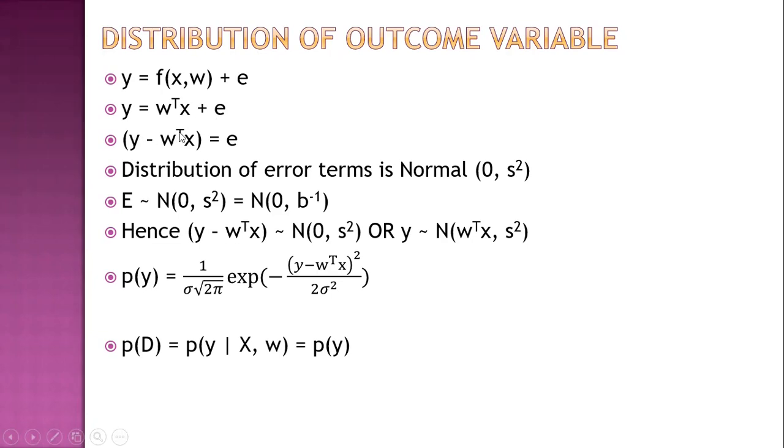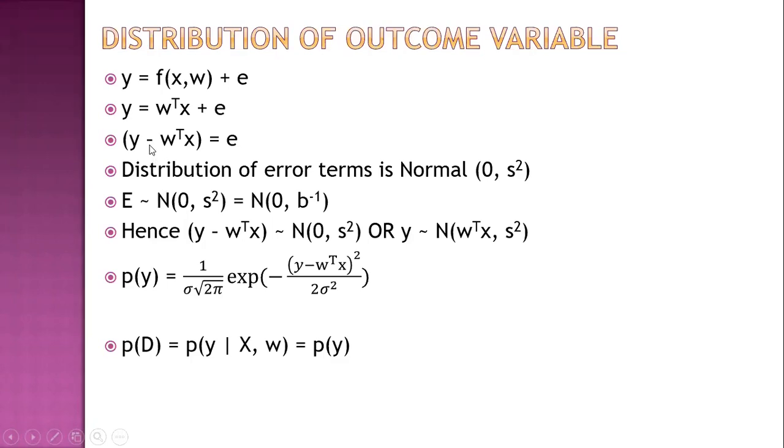So y minus w transpose x is the error. We already know the distribution of error terms: this error term is normal with mean 0 and this variance. So error terms are normally distributed, and this is sigma square. For sigma square, we use beta inverse.